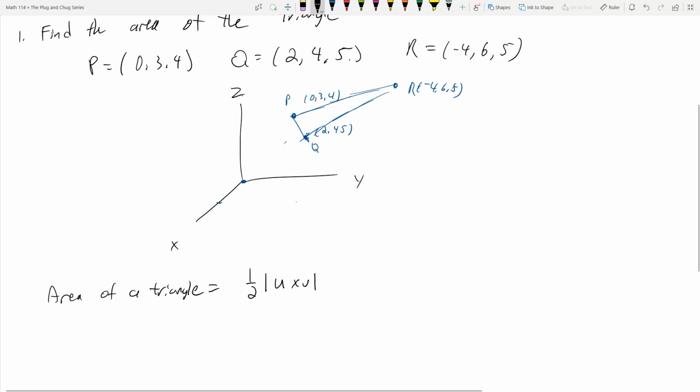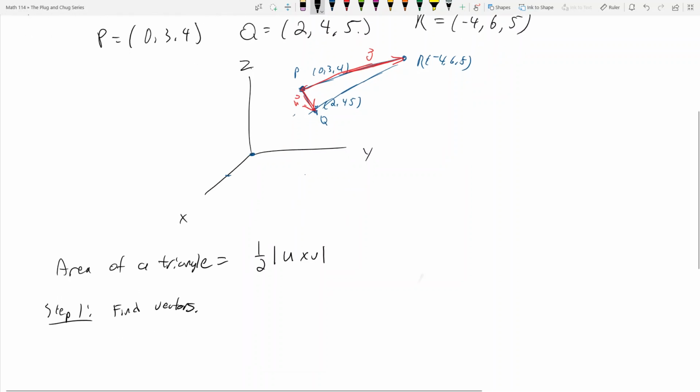I just need to pick any point. Let's say I pick P, and then I have two vectors. I form this vector, and I form this vector, and we'll call them U and V. So let's call this one U and this one V, and then I just have to cross them. So step 1 is to find the vectors from these points.